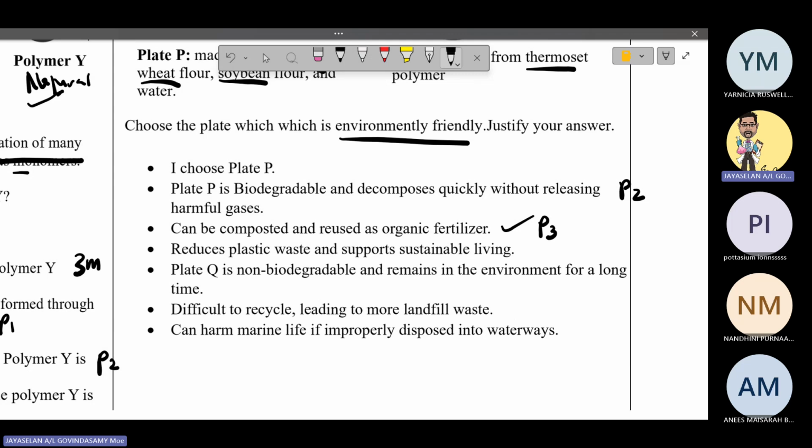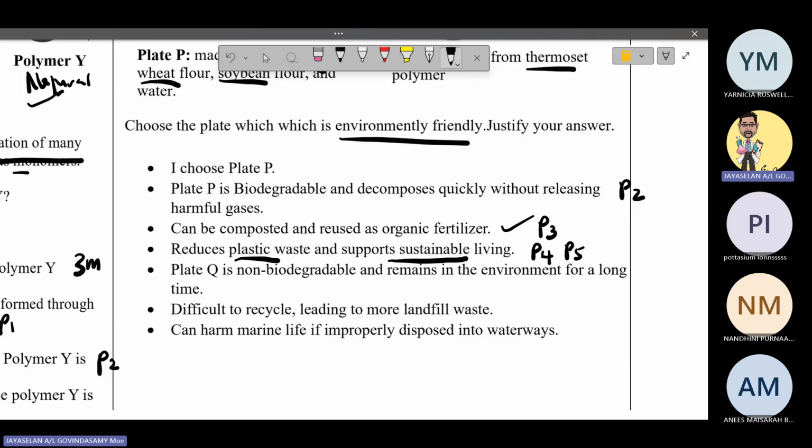Can be composted means we use it, preserve it, and turn it into fertilizer. That means it is environmentally friendly. It reduces plastic waste and supports sustainable living, green technology. So this is the aim of green technology. So you will get point 4 and point 5.